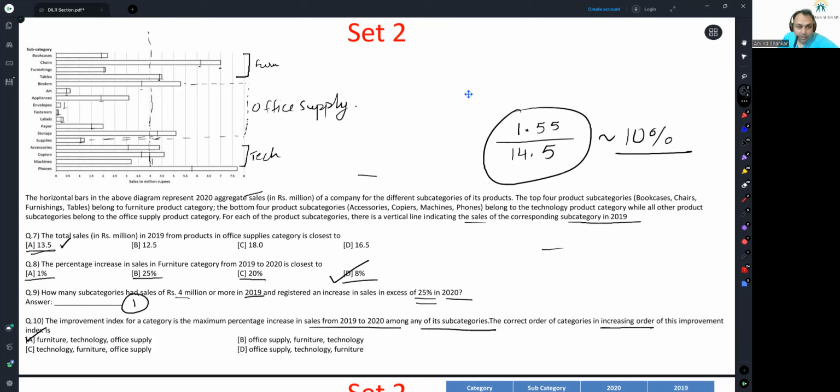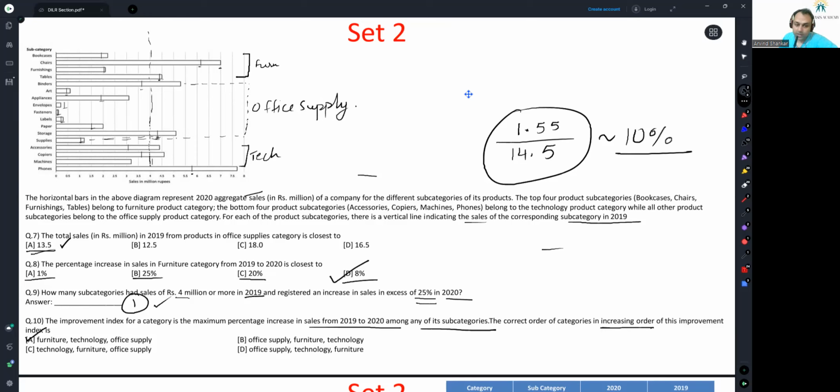Binders don't really fulfill the criteria for storage. We've got 4 point something here, 4.3 here. This is going up till 5.1-ish. Of course, not a 25% increase. The only last player left is phones, 5.5-ish. Even if I took it to 6, 25% increase would take me to 7.5 only. It is more than that. So, okay, phones is also marked.